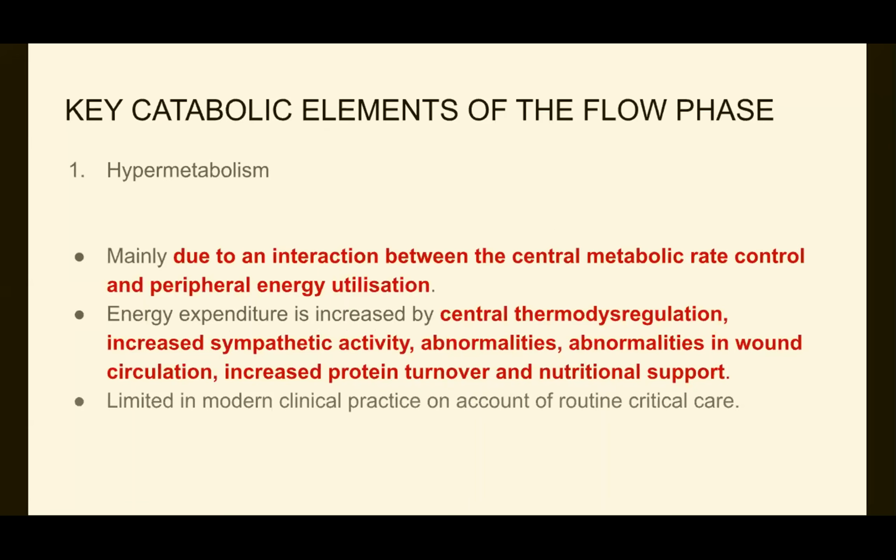So there are some key catabolic elements in this flow phase. The first one is hypermetabolism. Hypermetabolism occurs due to an interaction between the central metabolic control and peripheral energy utilization. So here, first there is energy expenditure, which is increased by central thermodysregulation. Central thermodysregulation occurs due to the inflammatory cascade.